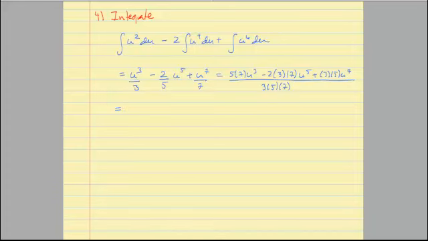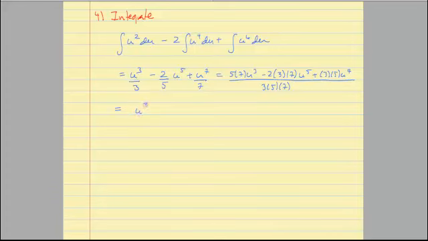Now looking up into the numerator, it doesn't look like I have a common factor in terms of a coefficient, but I do have a u cubed, so I do have a variable component I should be able to pull out. So I'm going to go ahead and pull out the common denominator here of 105.